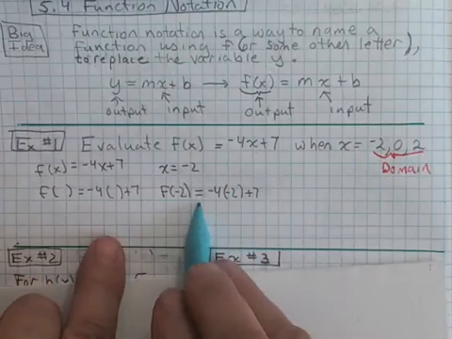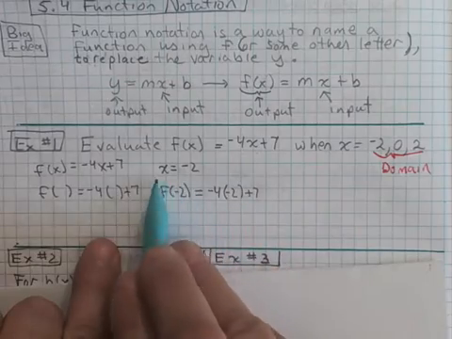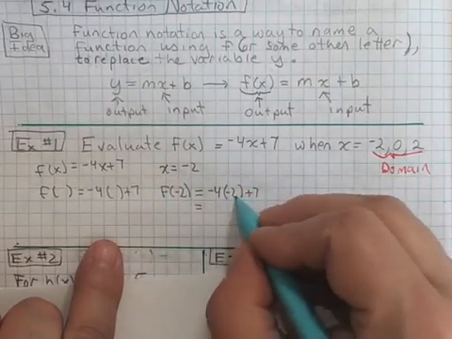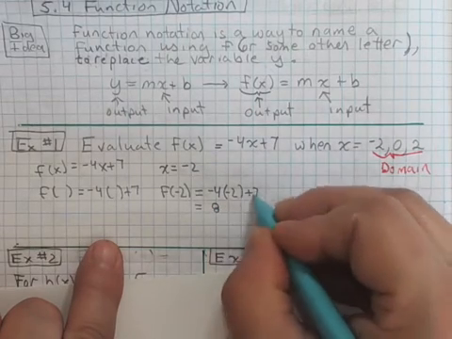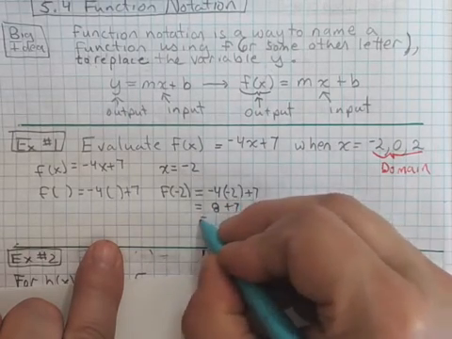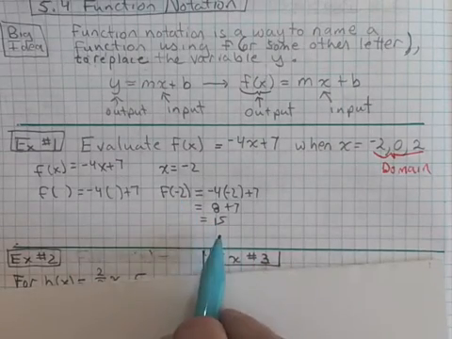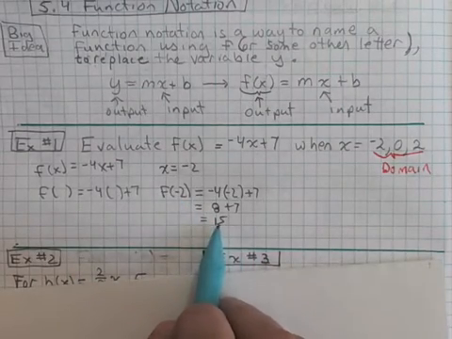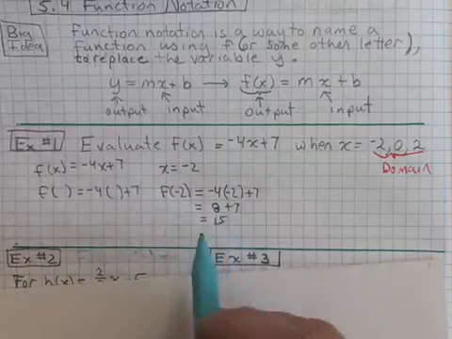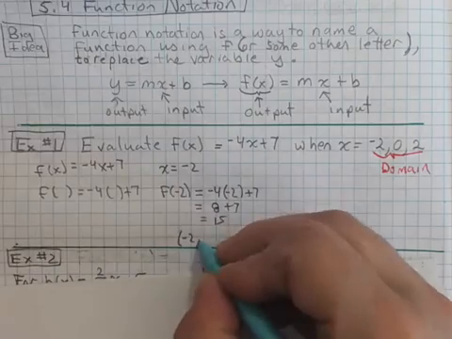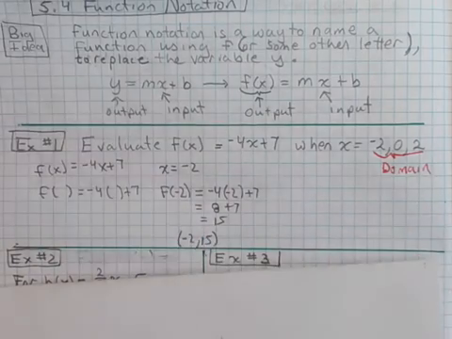The only math we're going to do is here on the right. Again, this is notation. Don't do anything with it. Multiply, we get 8, and then bring the 7 down, and add those together to get 15. So the function at -2 has an output value of 15. That's my first output. You can think of this as an ordered pair: -2 produces an output of 15.